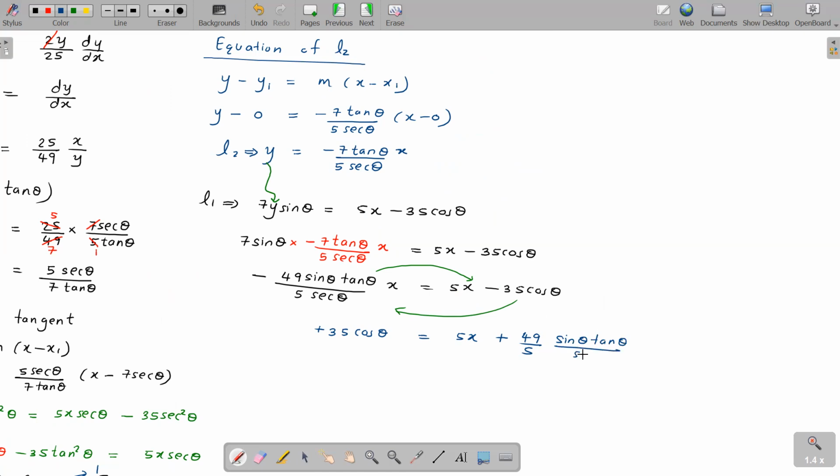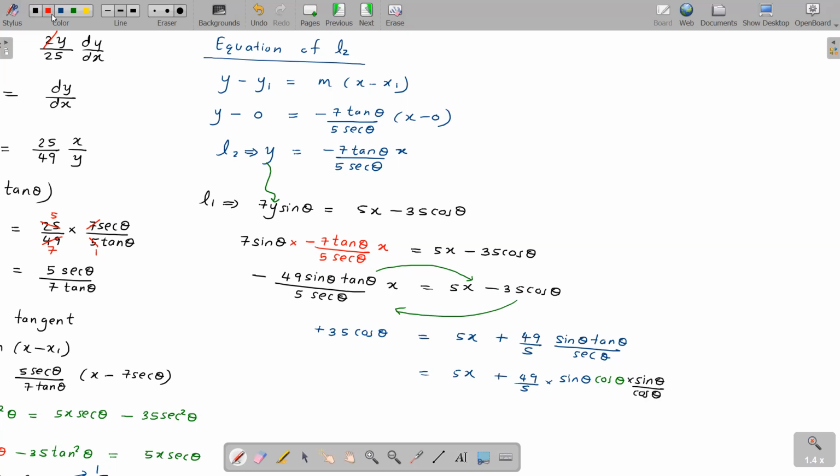You know, we could save some steps here. Sec theta is 1 over cos, right? So this is sine theta, the sec comes up as cos theta, and tan is sine over cos.